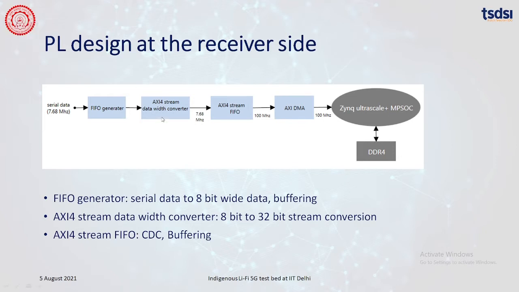It will convert 8-bit wide data into 32-bit wide AXI4 stream data, and then it is given to the AXI4 stream data FIFO. It is used for clock domain crossing from 7.68 to 100 MHz and is also for buffering. And it is given to the AXI DMA. This grey color is the PS side, and this is the Zynq SoC and DDR4.